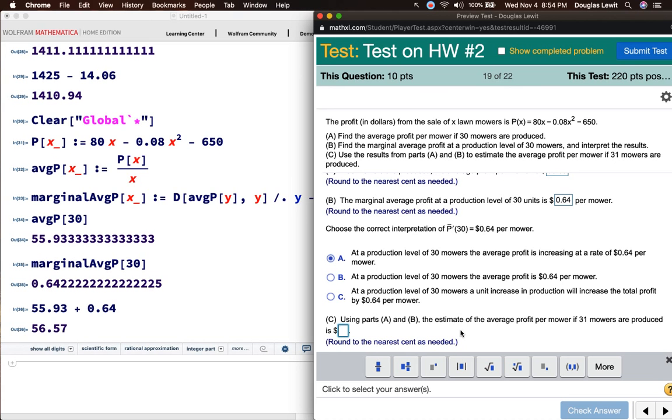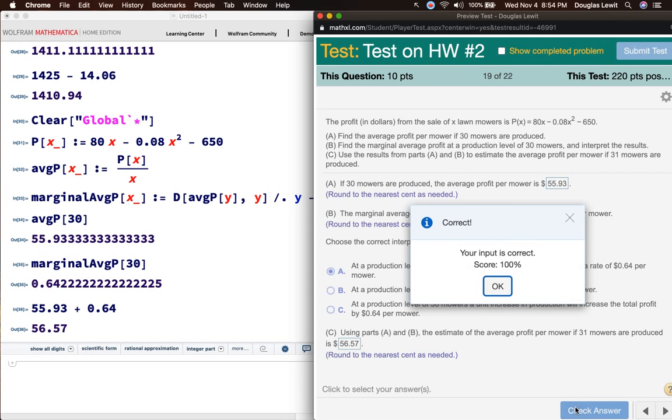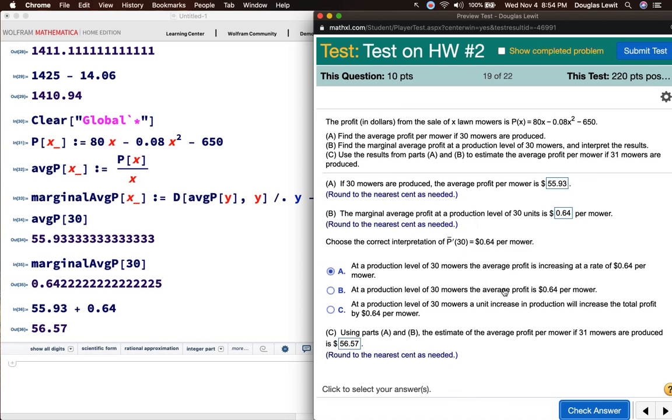So the answer to part C is going to be $56.57. Okay, Pearson agrees with my answer. Score 100%. Okay, terrific.